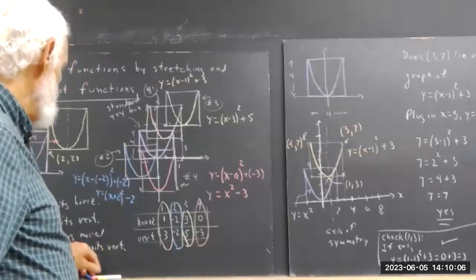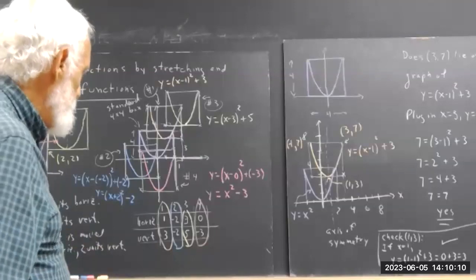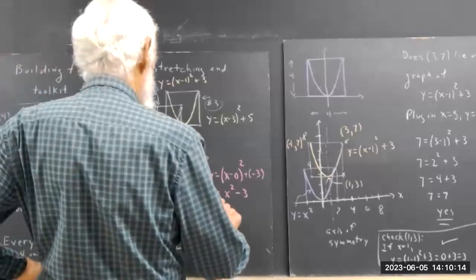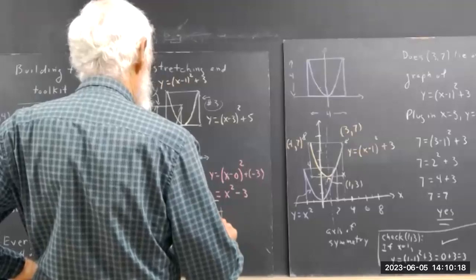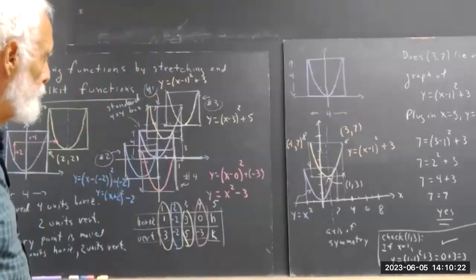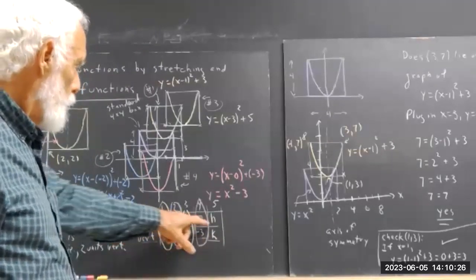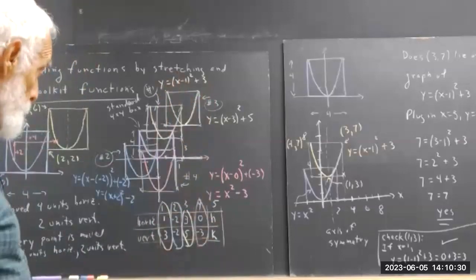Last thing, number 5. Use H for the horizontal shift and K for the vertical shift.